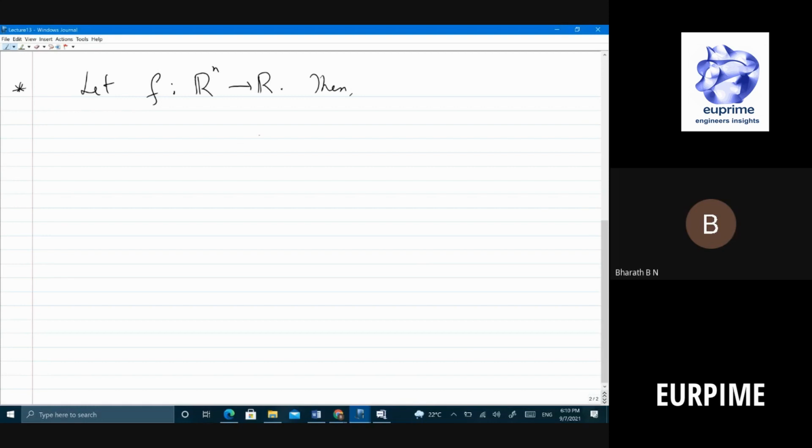Then I'll write it like this: x1, x2, this is xi, xn. Okay, I'm going to look at the ith component. What I'm going to do is I'm going to perturb the ith component by h, right? Just add a small, I'll just increase xi by h, right? And now I'll subtract f of x1 through xn.